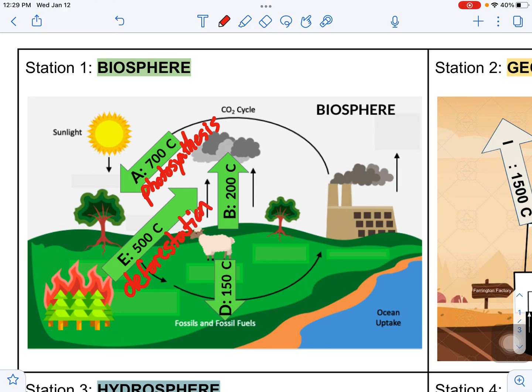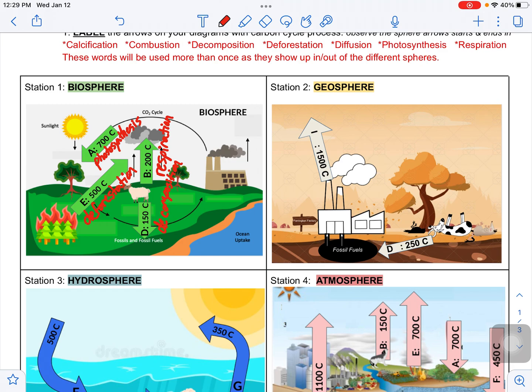Letter B, from this lamb to the atmosphere, is the process of respiration. And letter D is the process of decomposition. Okay, so that's my first step.